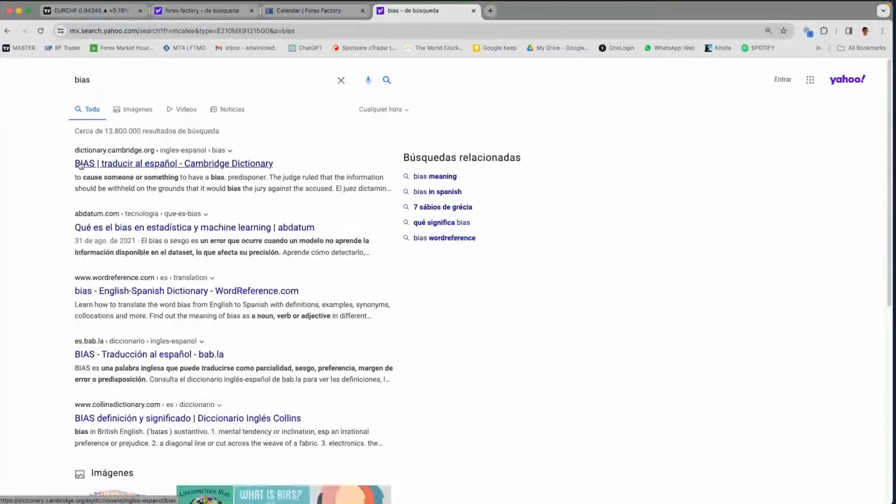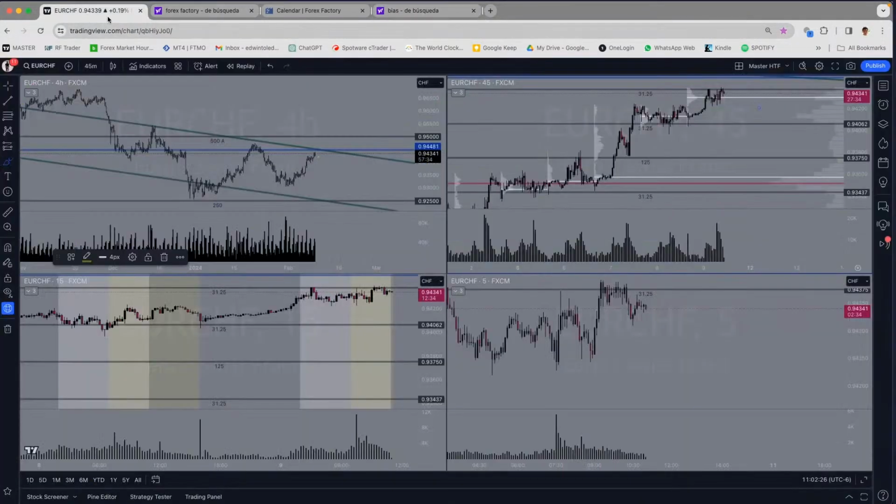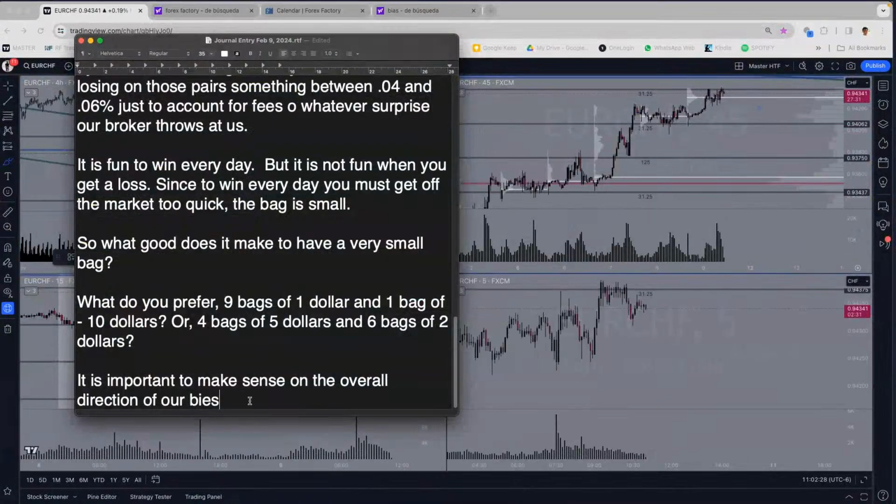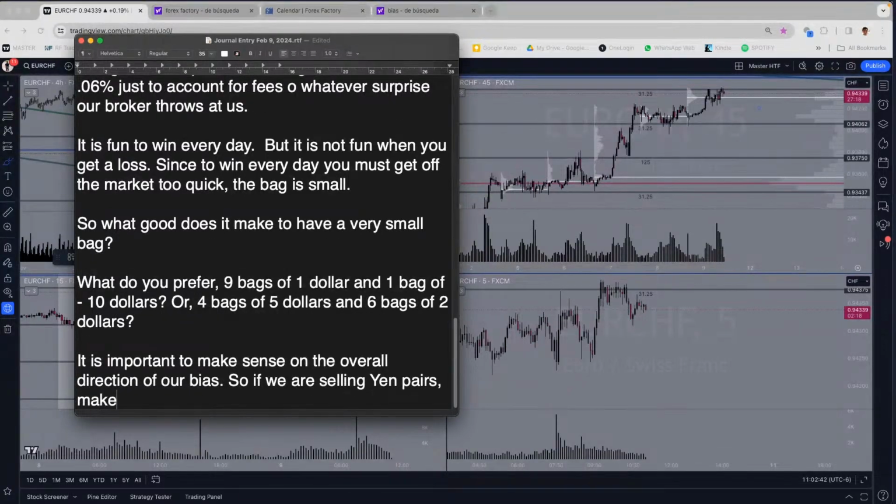BIAS. Okay. So if we are selling Gen pairs, make sure we don't contradict by buying a Gen pair.